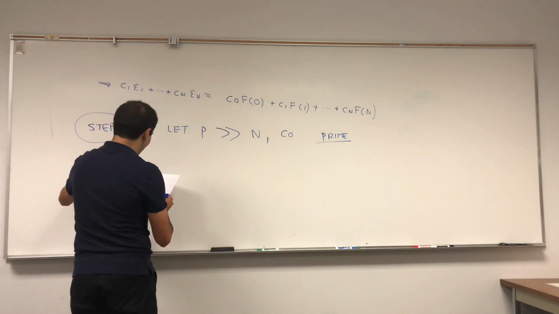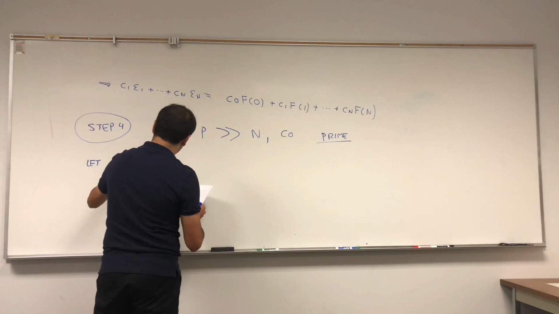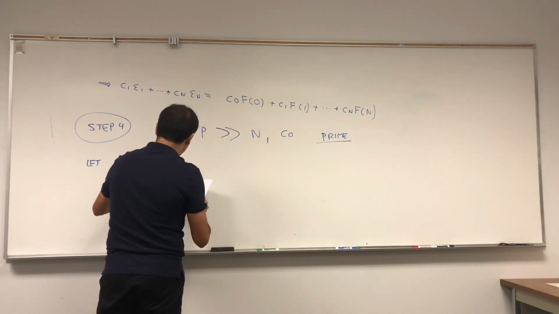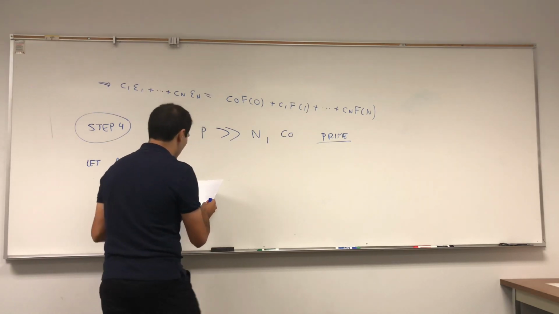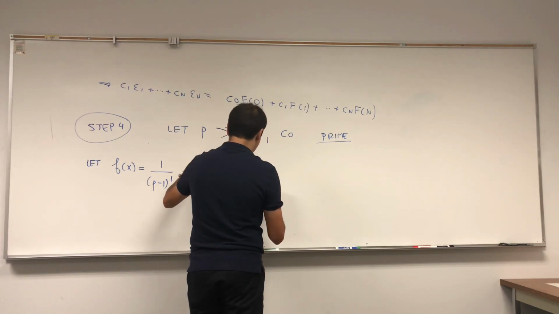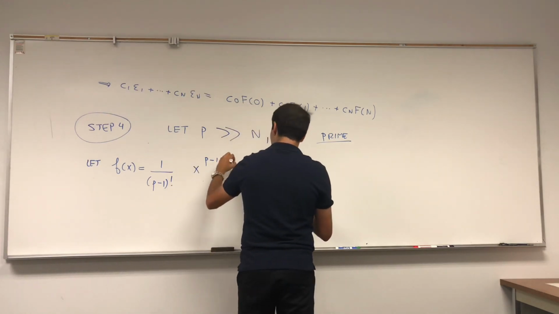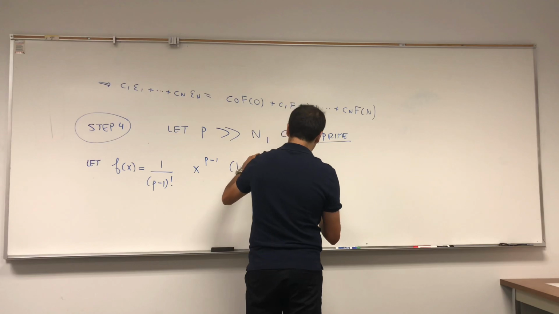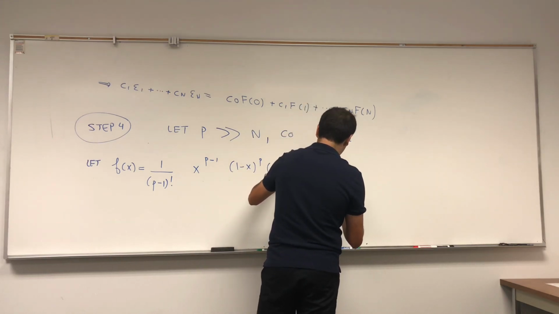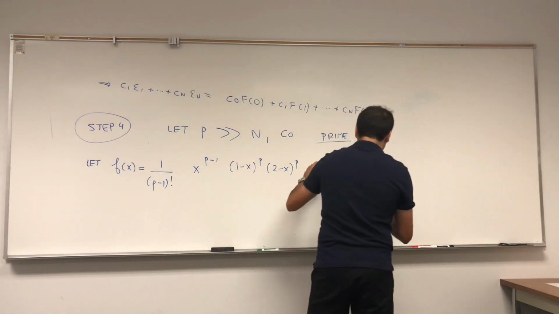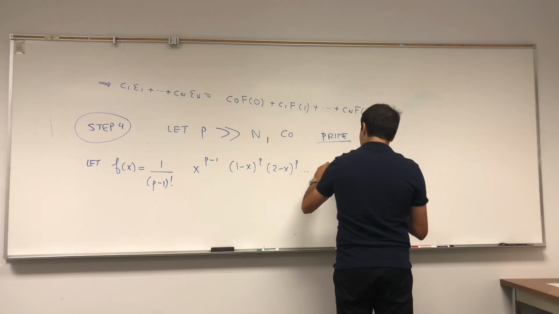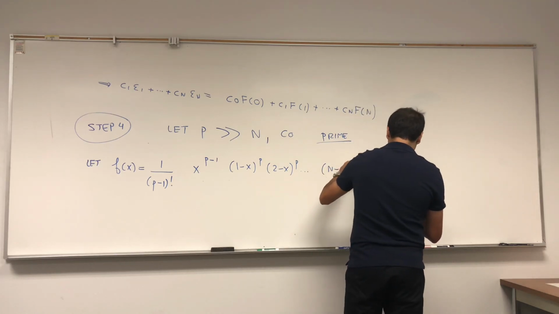So let f of x be 1 over p minus 1 factorial, x to the p minus 1, 1 minus x to the p, 2 minus x to the p, etc., and n minus x to the p.